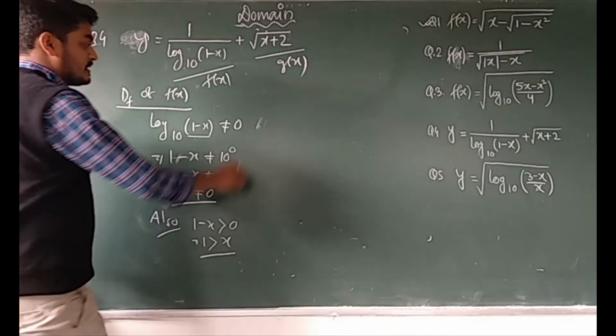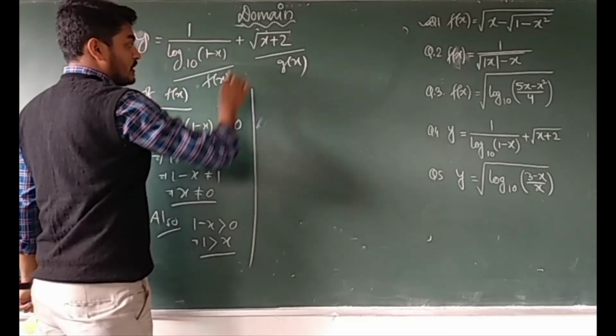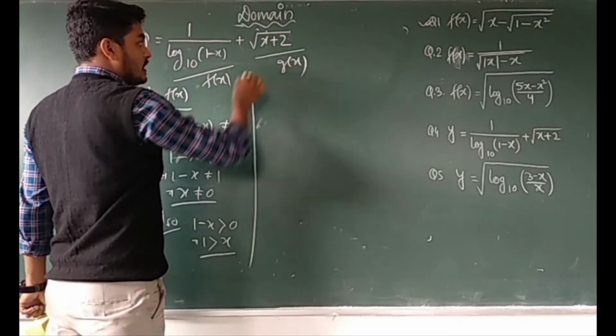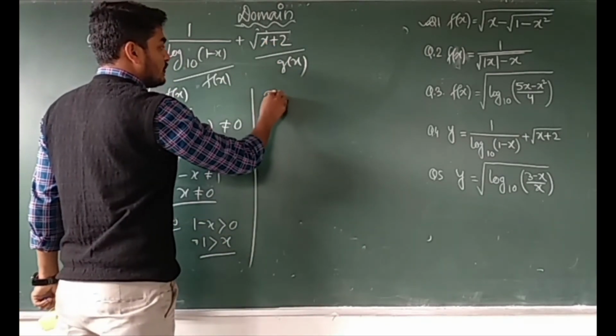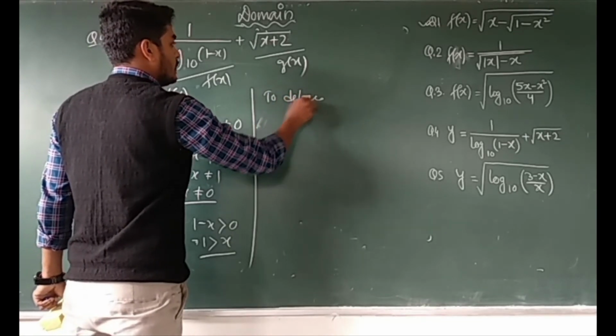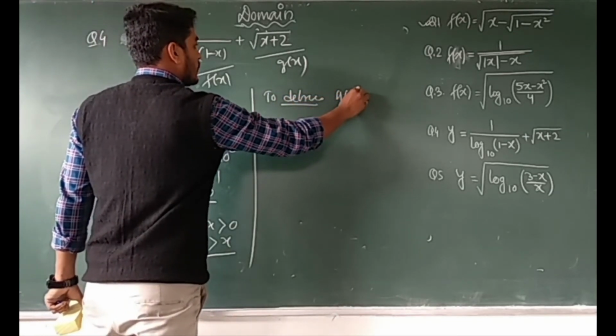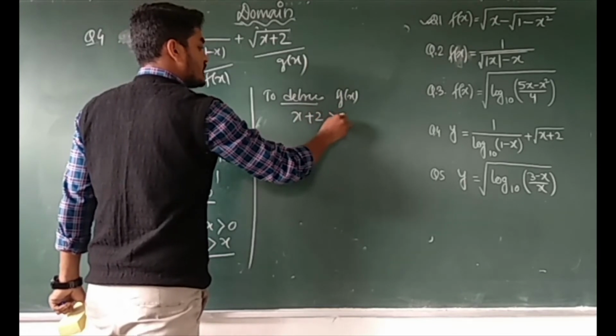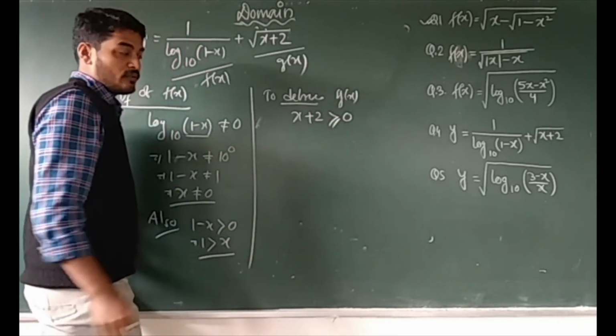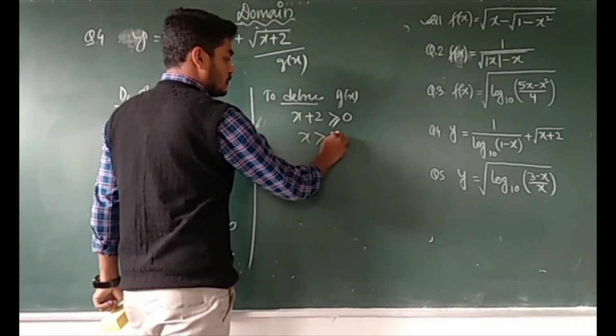In the next case, for this function, as the expression lies under the square root, to define g of x, x plus 2 should be greater than or equal to 0, that means x greater than or equal to minus 2.